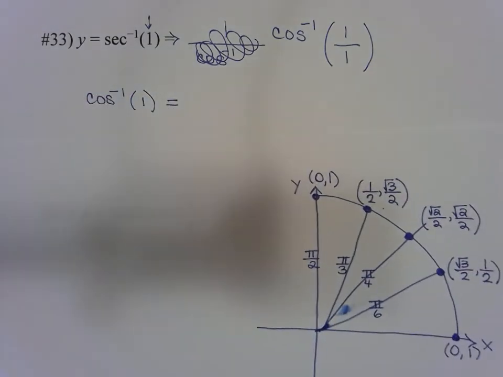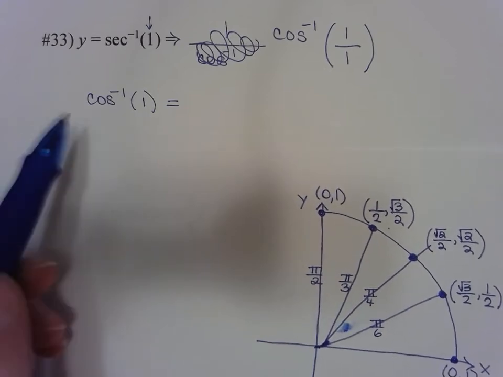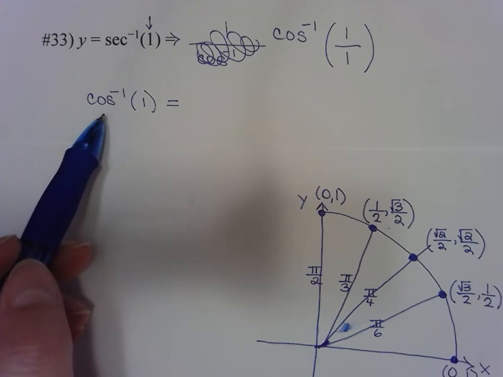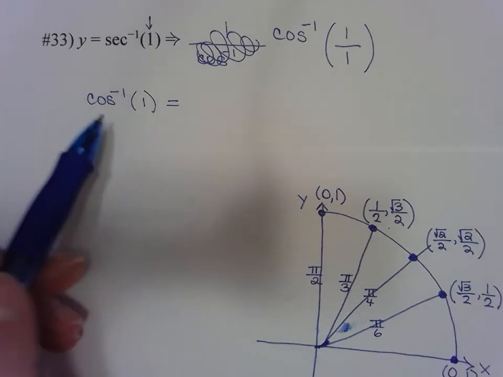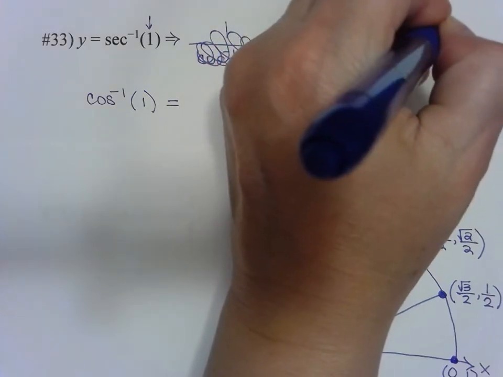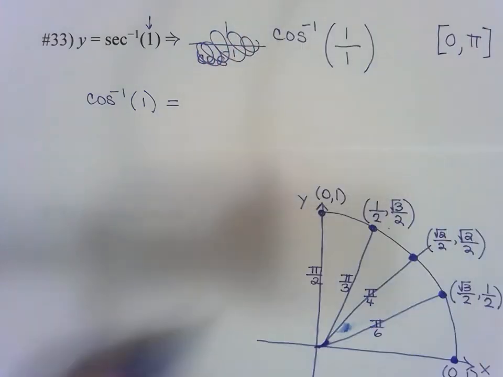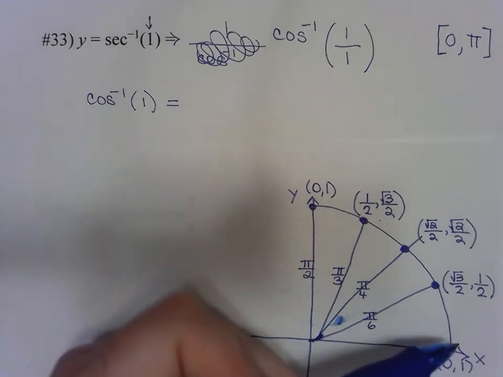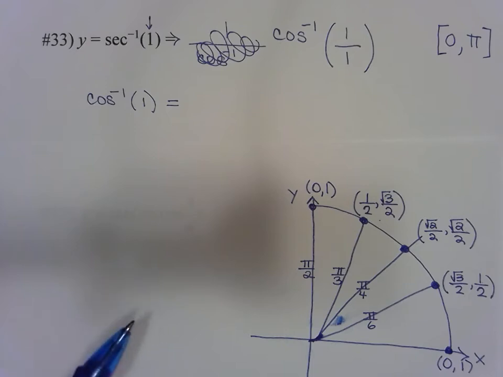Here's where we would pull out our unit circle, right? Remember the restricted domain, or the range for the cosine inverse, is going to be between 0 and pi. So I want to go from here all the way over here and think about any place where the cosine would be 1.